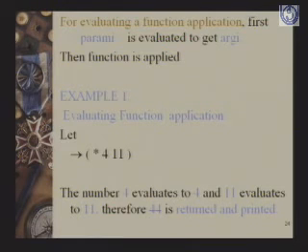The multipliers within the computer system are activated. Then the next symbol, which here is 4, and we know a number is evaluated to itself, so 4 evaluates to 4, and 11 evaluates to 11. Therefore, these two values are now given as arguments to the multiplication system, and ultimately 44 is returned.